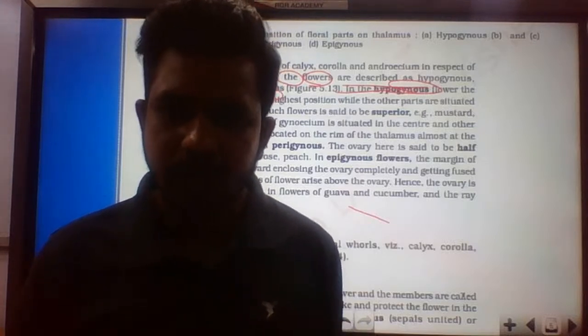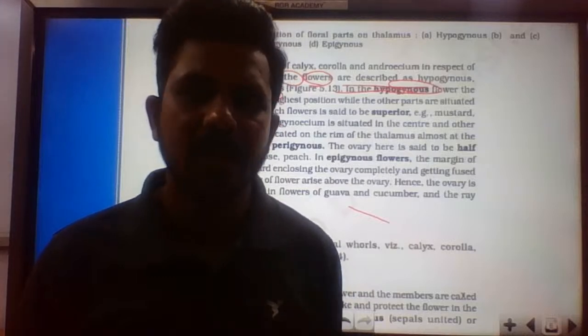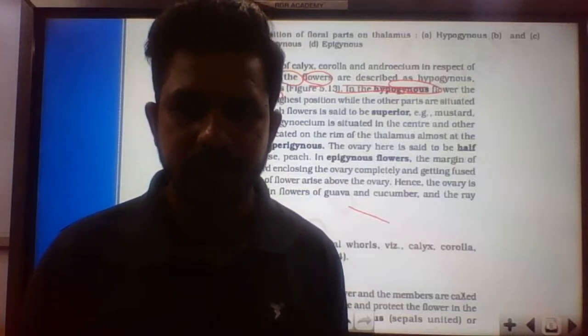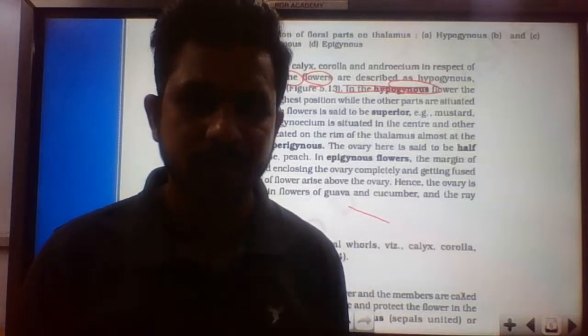So you can get 360 out of 360 also, definitely, if you are 100% thorough with the NCERT books.